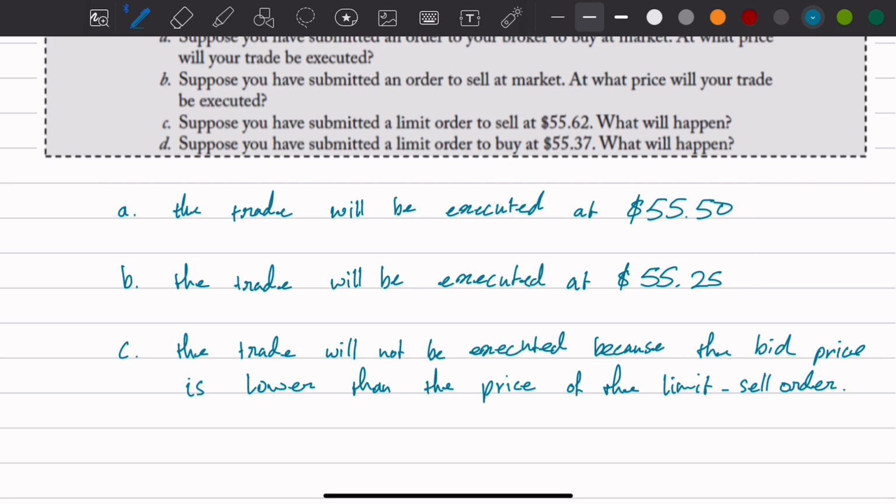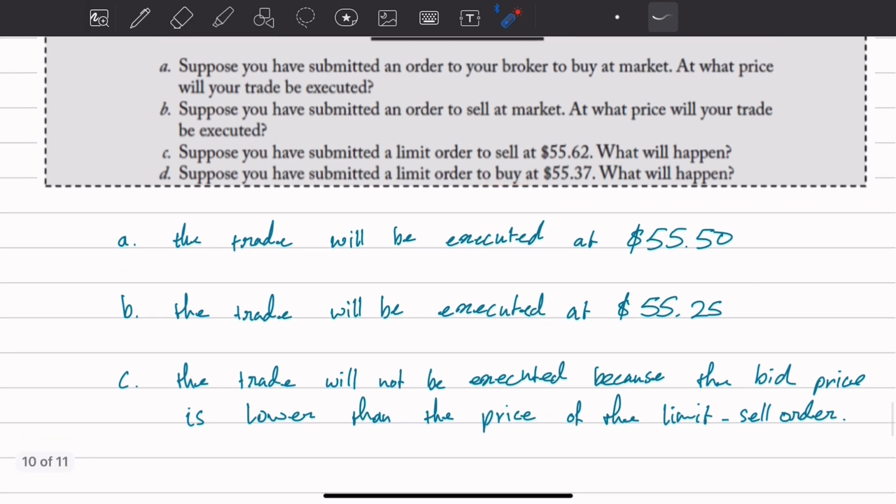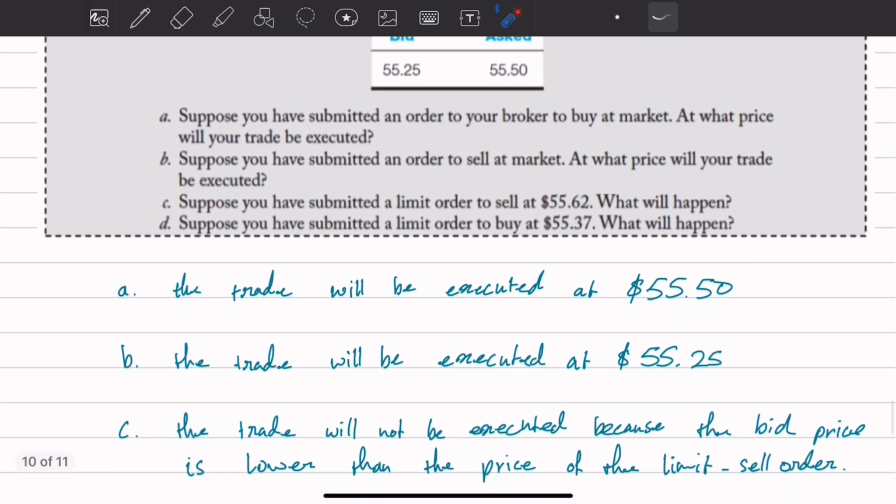All right. Part D, it says, suppose you have submitted a limit order to buy this time, to buy at $55.37, what will happen? Now, this scenario is the opposite of the previous one.